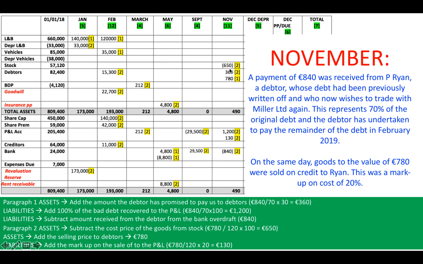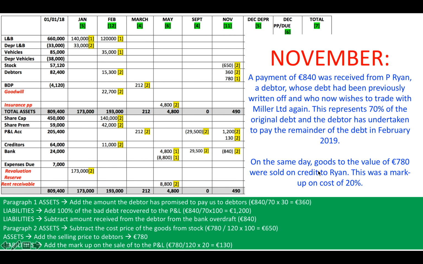So how do I find that out? Well, 780 is markup on cost of 20%. So if we just find out what 100% is, that is going to tell us how much the stock was. So 780 divided by 120 multiplied by 100 is 650. So 650 taken away from stock there. Now, what is the 20%?